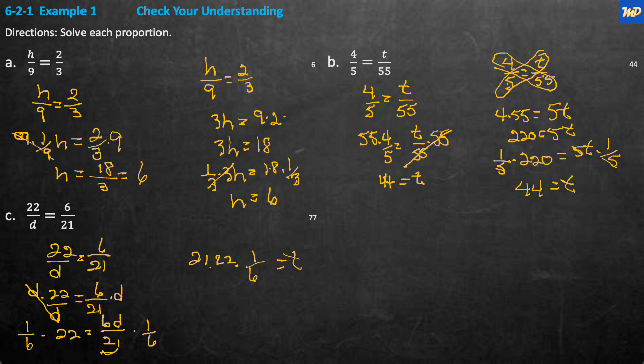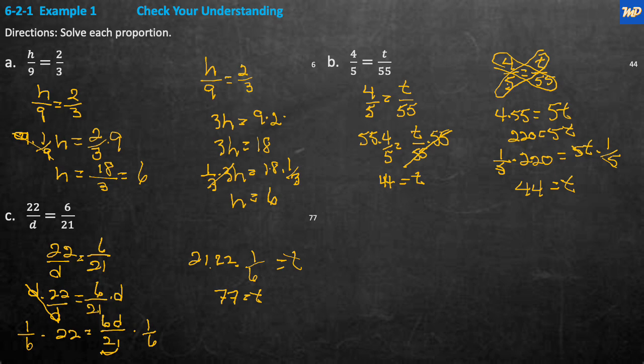Anyways, I got rid of the 6, and we have 21 times 22 divided by 6. If we get out our calculator, we're going to find that it's equal to 77. And that's what d is equal to.